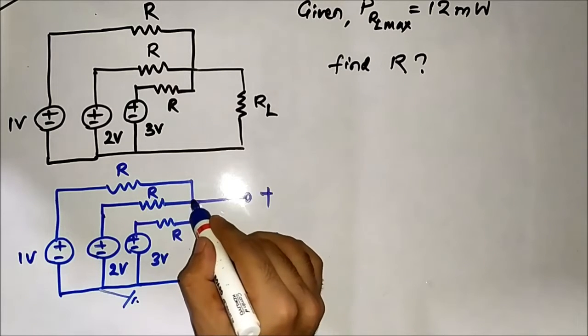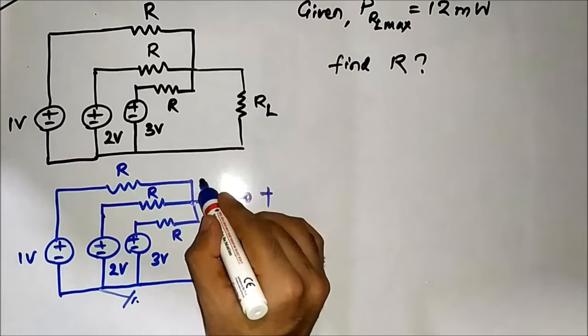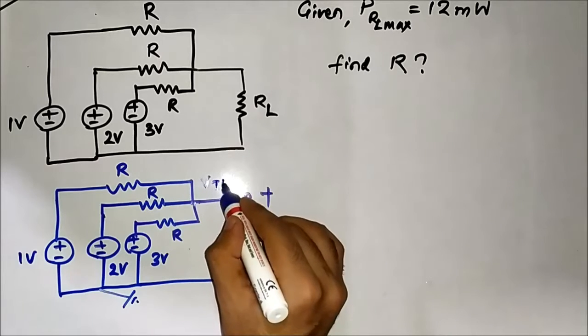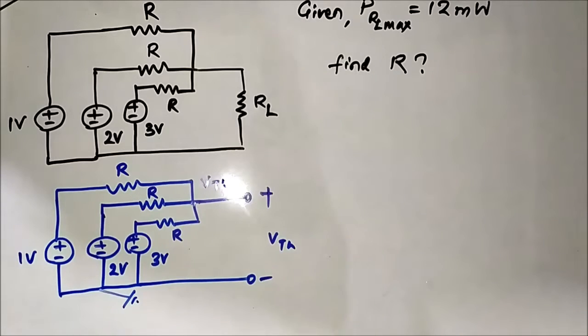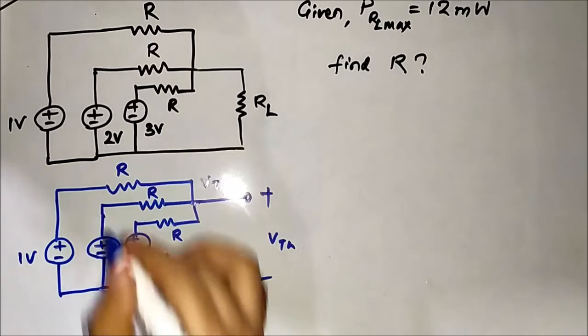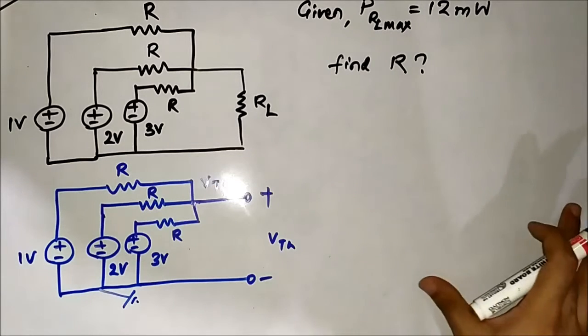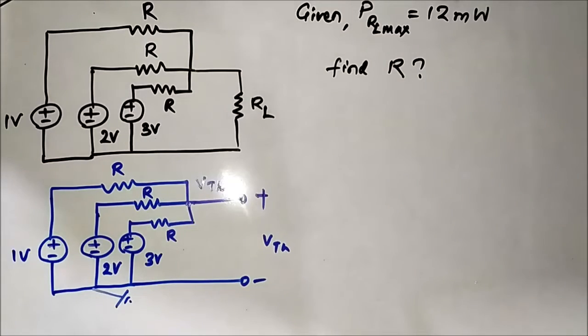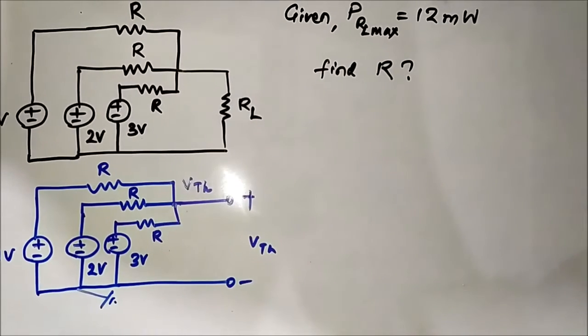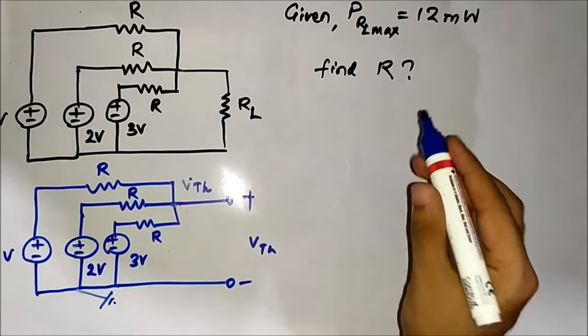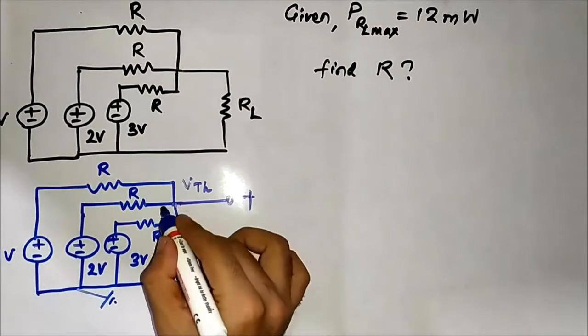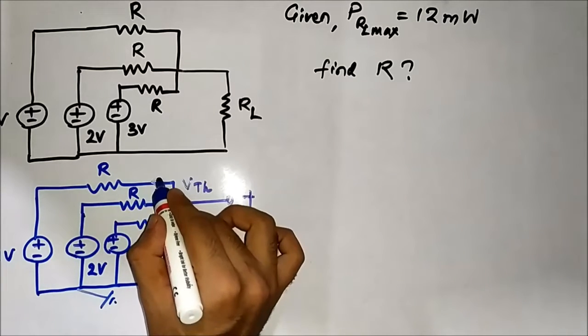It means here also the potential is equal to VTH, because there is no resistor in between. So we can write a nodal equation from this point, with the currents flowing like this.